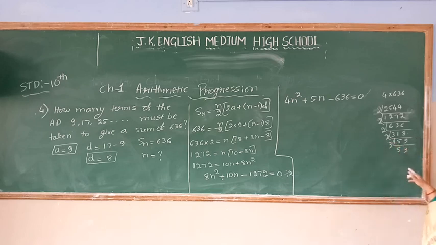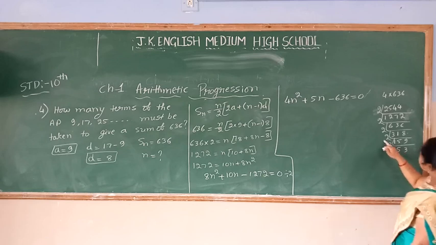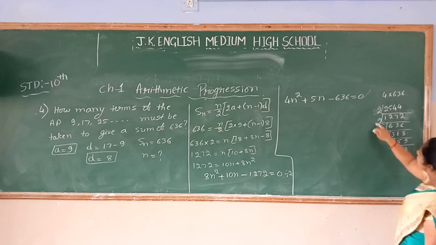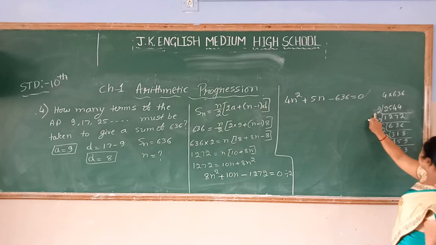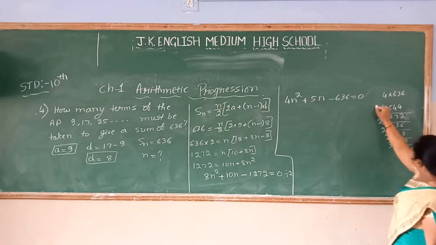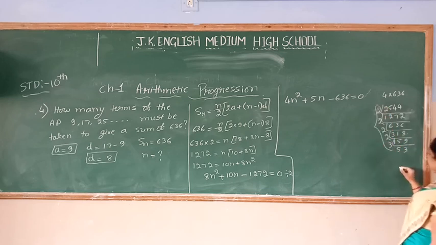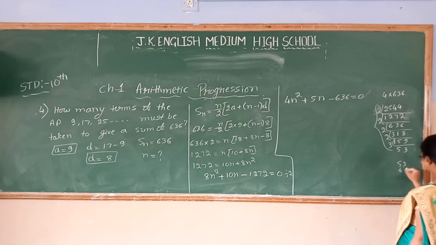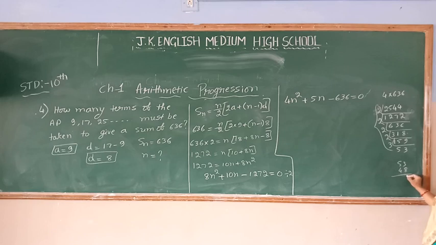So which two numbers can I split now? 53, 3 to the 6, 6 to the 12, 12 to the 24, 2s are 48. So if I group all these factors, 48 it becomes. In 53 if I subtract 48, I am going to get 5. Then the middle term should be positive, so the bigger number's sign should be positive and the smaller number should have a negative sign.